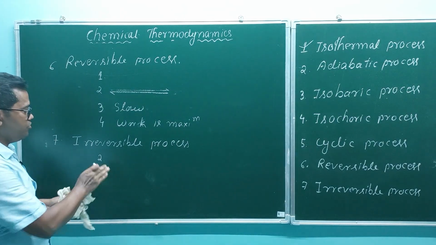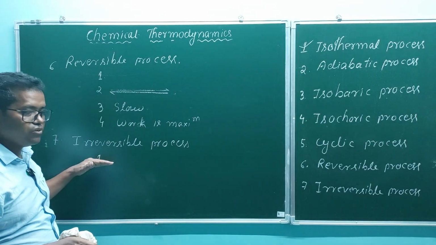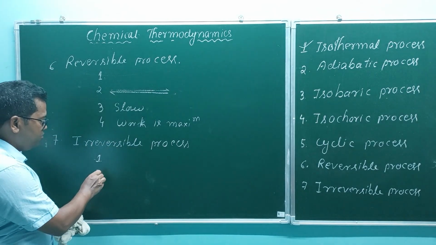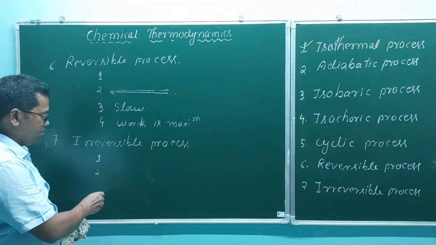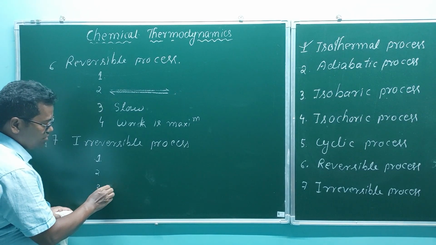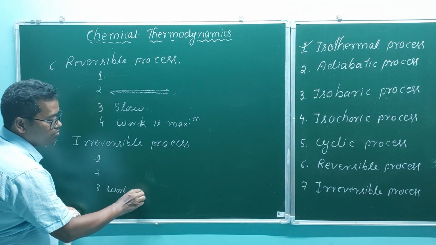In the case of an irreversible process, this process occurs rapidly, very fast. Number two, its direction cannot be reversed, it is one direction. Number three, work is minimum.